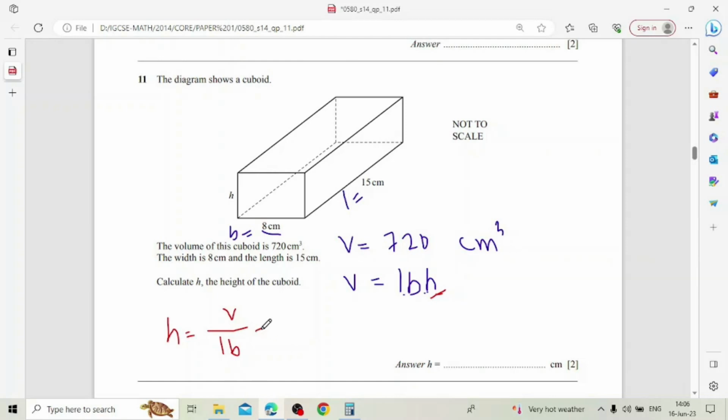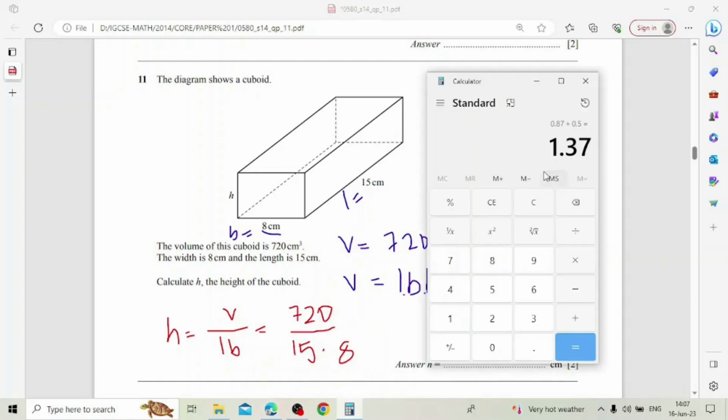Now we can substitute the values, and you can use a calculator to get the value. Fine. So 720 is the volume over 15 centimeters is the length, and breadth is 8 centimeters. Now, let me calculate this one. 15 times 8. So, what is 15 times 8? You should know by heart.